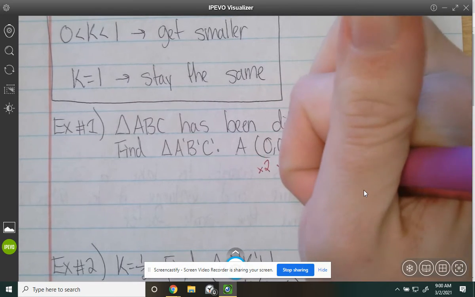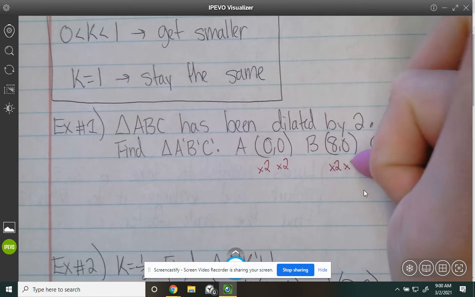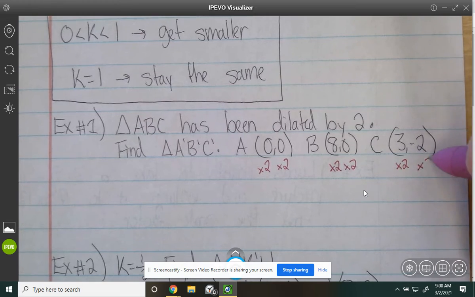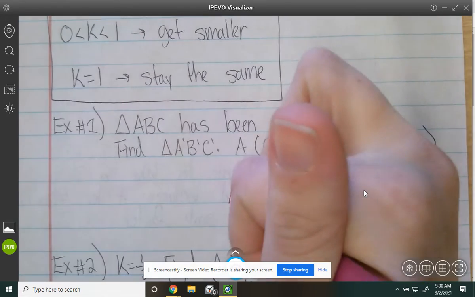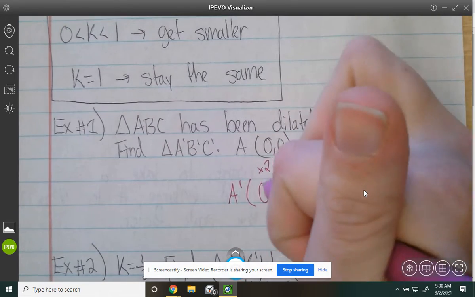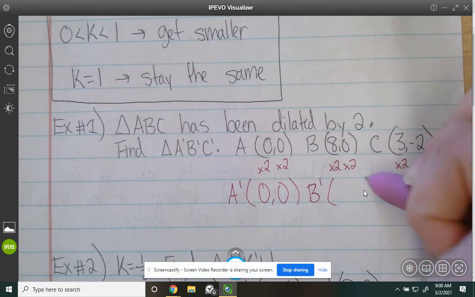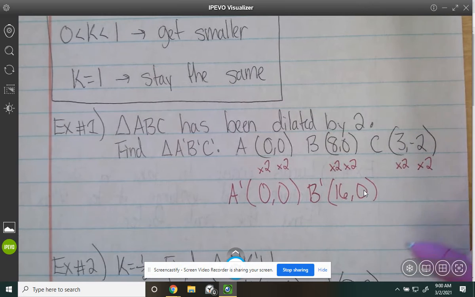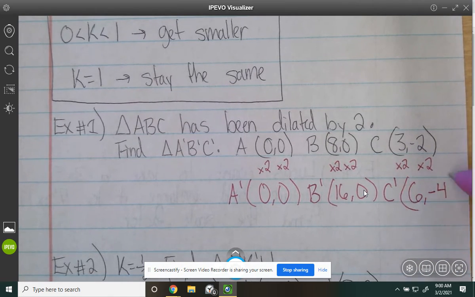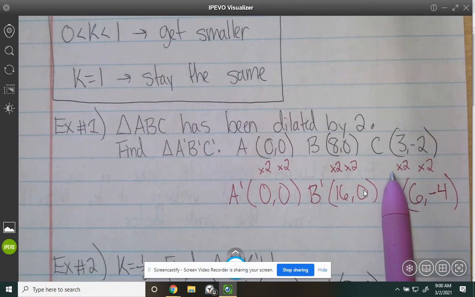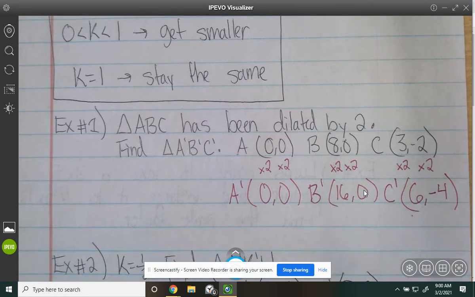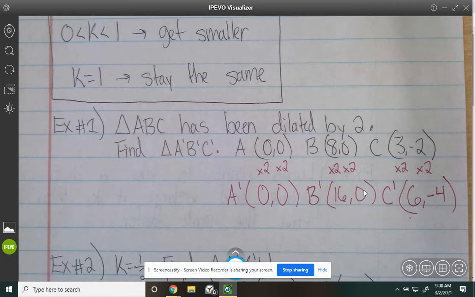So times 2, times 2, times 2, times 2. A prime would now be still 0, 0, because that didn't change. B prime would be 16, 0. And C prime would be 6, negative 4. And all I did is take 3 times 2, negative 2 times 2 to make it negative 4. That's my answer.